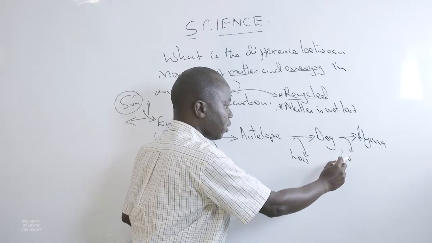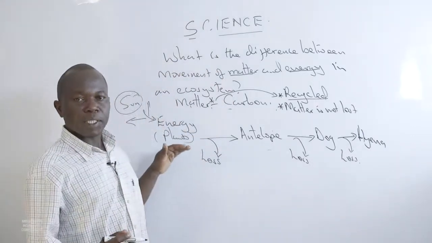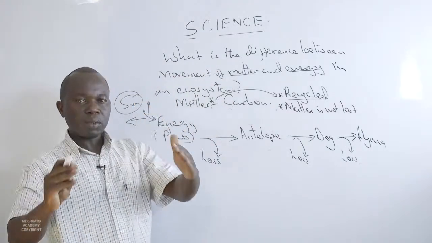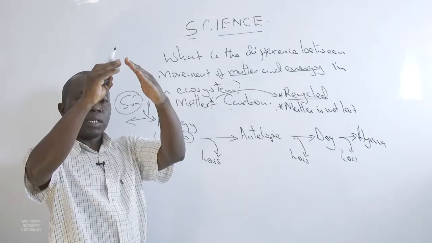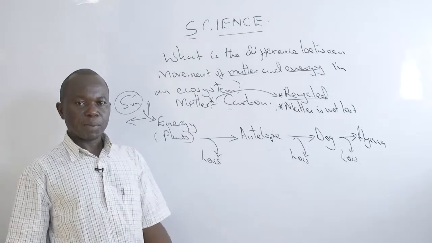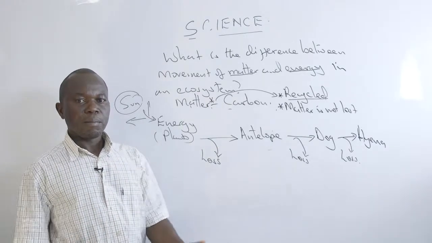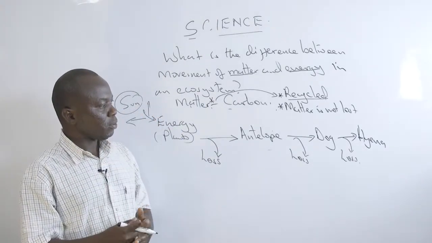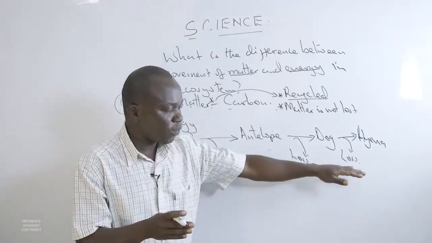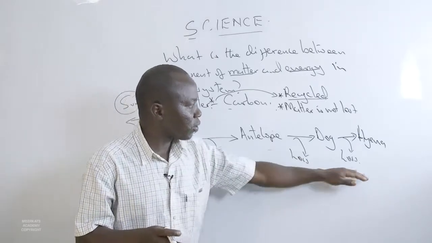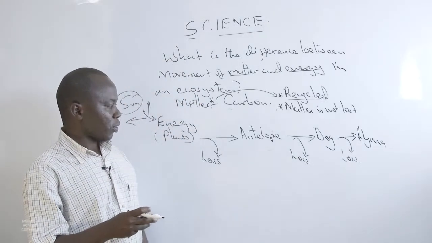That is why, as we were looking at the concept of the pyramid, we said the pyramid is usually larger at the bottom with the producers, but as you go up to the tertiary consumers, the hyena, it becomes smaller due to loss of energy. Energy is lost.